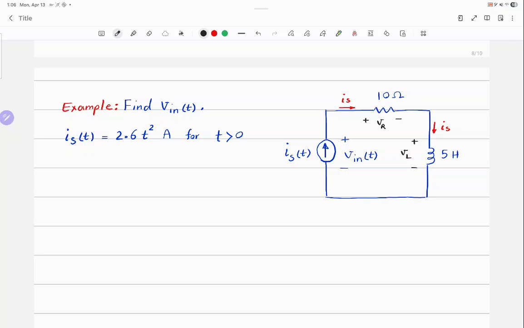It's 5 dIS over dt. How do you find V in? Write a KVL around the loop, right?